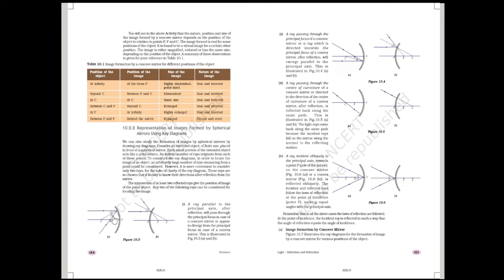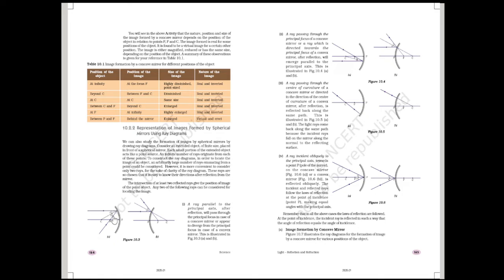Now the fourth rule: a ray incident obliquely to the principal axis, towards the point P, that is the pole of the mirror, on a concave mirror or a convex mirror, is reflected obliquely.